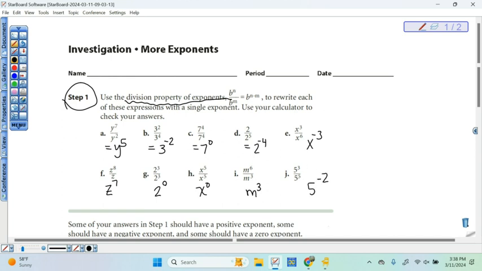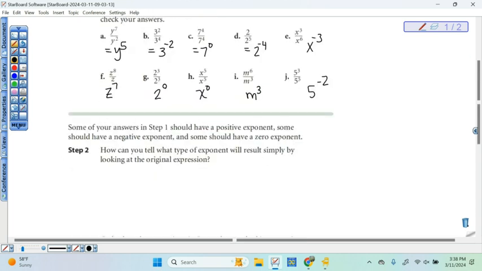Okay, good. So we have 3 different types of answers that we got in step 1. We got some that had a positive exponent, some that had a negative exponent, and some that have a 0 exponent. So tell me what letters had a positive exponent. F, what else? 2 more.